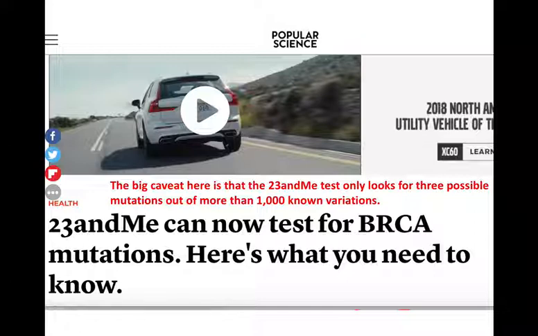And a lot of women decided to get tested for their genome at 23andMe simply to find out if they had concern for the BRCA mutations. The problem is that 23andMe is not actually sequencing your DNA. They're just looking for specific single nucleotide polymorphisms, called SNPs, that you may or may not express.